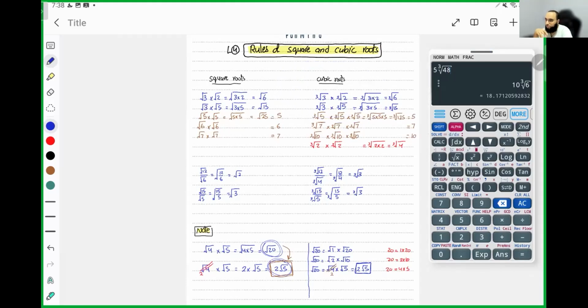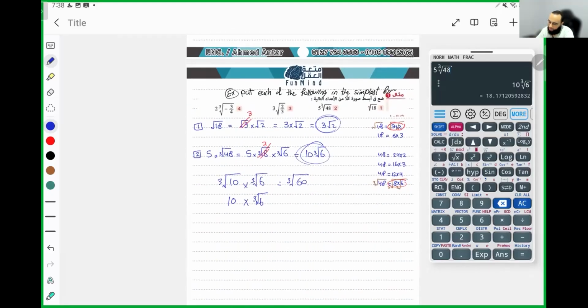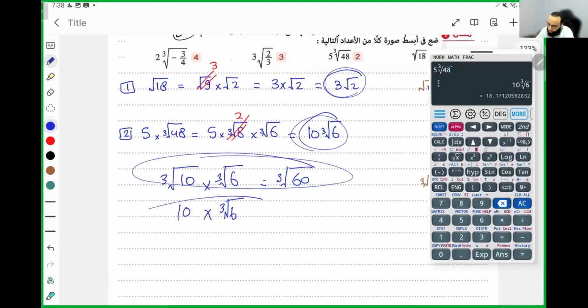If there is a number alone without a cubic root and you want to multiply it by the cubic root, you have to put them beside each other without any multiplication process. This is the difference. If it is like that, you can, but if it is like that, put it like that. Is it clear? Yes.